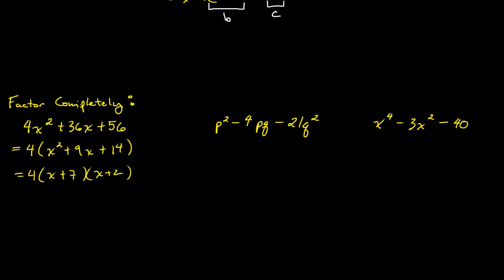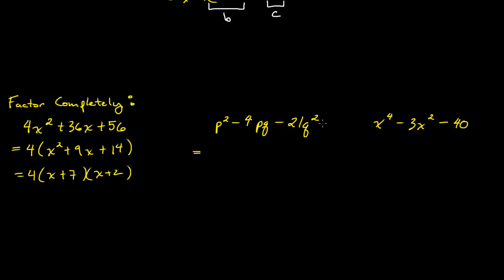In the next part of this question, I'm asked to factor p squared minus 4pq minus 21q squared. This might not look that similar to the trinomial above, because we have a factor of q here and two factors of q here. But let's see if we can still follow our rule.